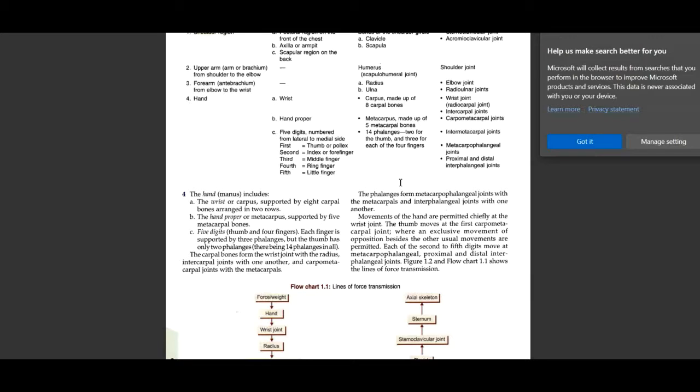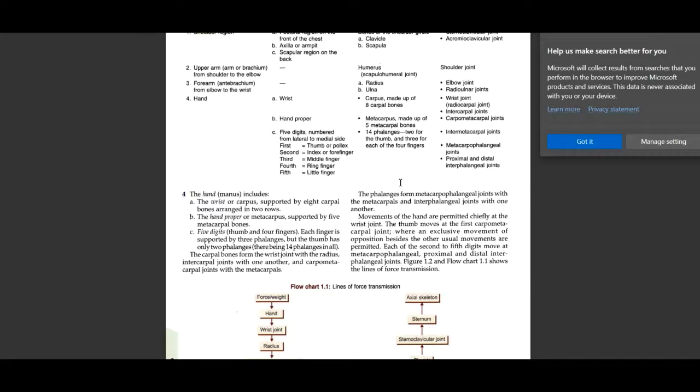First, thumb or pollex; second, index finger or forefinger; third, middle finger; fourth, ring finger; and fifth, little finger. Let us see the bones. Carpus made up of 8 carpals, metacarpus made up of 5 metacarpal bones, and 14 phalanges, 2 for the thumb and 3 for each of the 4 fingers.